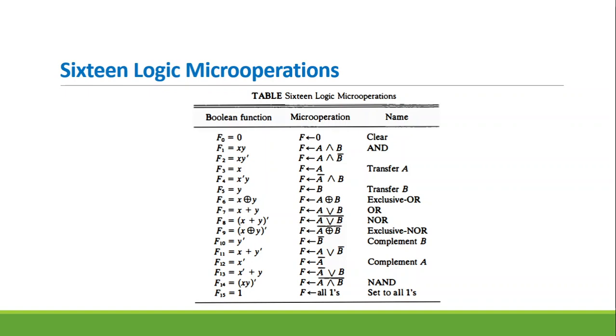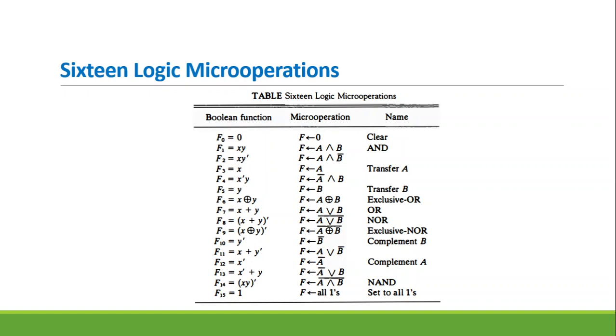The 16 logic microoperations are derived from these functions by replacing the variable x by the binary content of register A and the variable y by the binary content of register B.